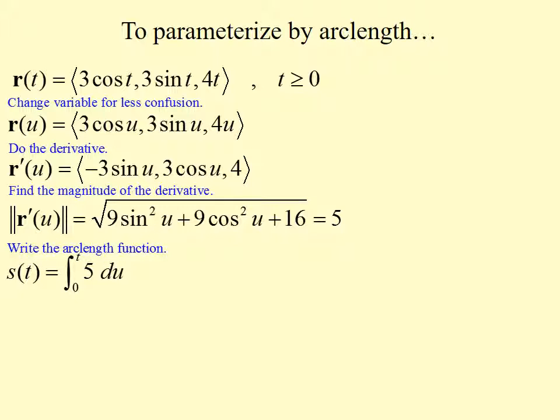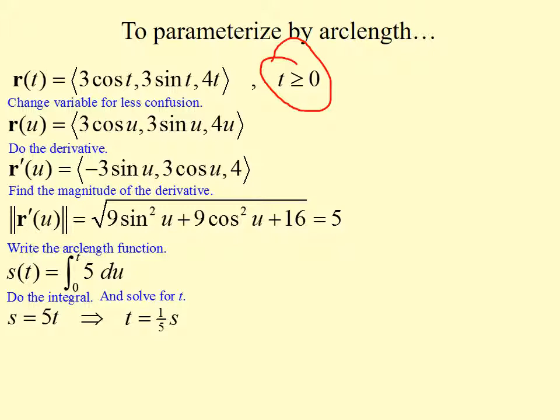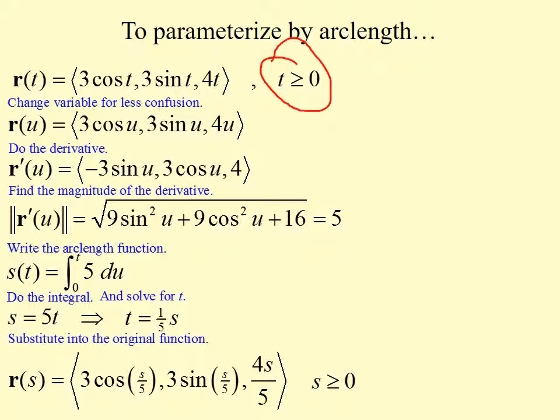This is what we had earlier. We're starting at 0 simply because that's where t is starting. So we're doing the integral from 0 to t of the magnitude of r prime, that's the 5. And so that integral comes out to be 5t. Now, if s is equal to 5t, we can solve for t to get a value that we can then substitute back into the original function.